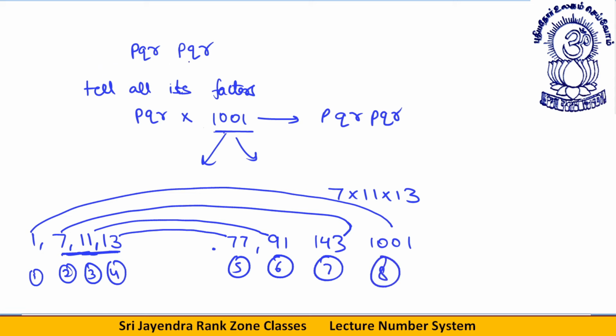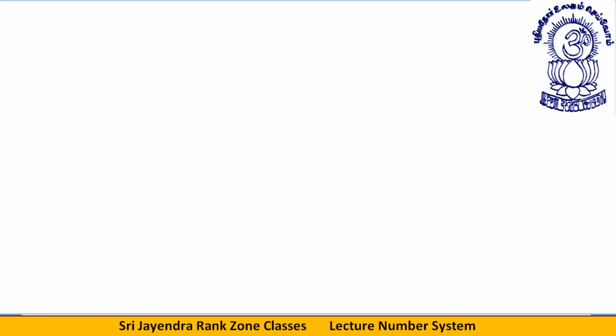So PQR has at least these 8 factors and one more factor. What is the other factor? That is PQR itself. So at least 9 factors of PQR are there. This is a very important concept and question. Okay, dear students, I'm sure you must have got it.